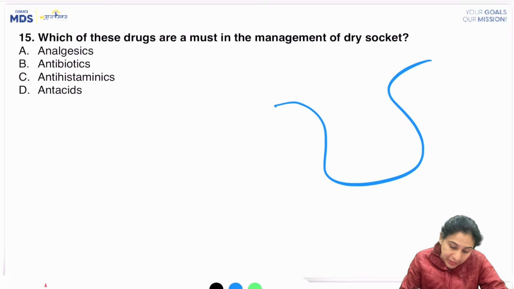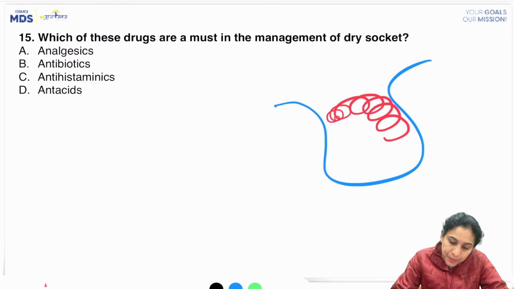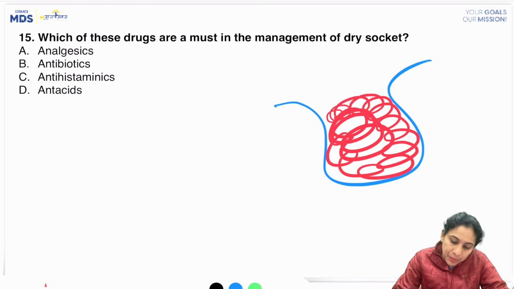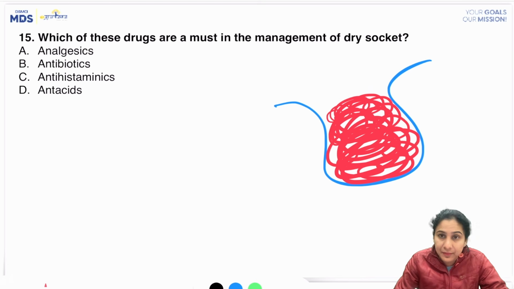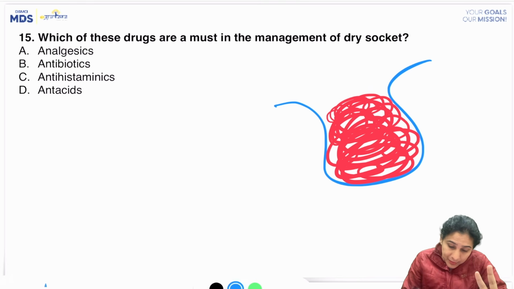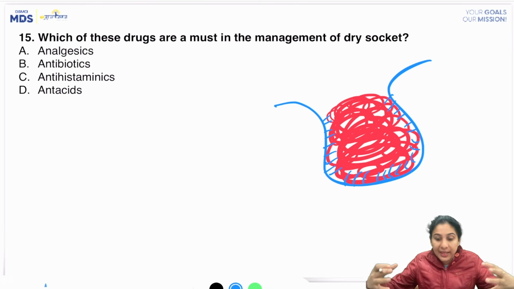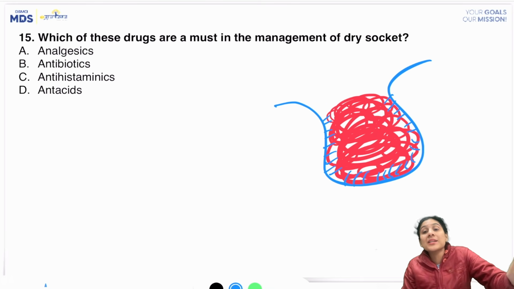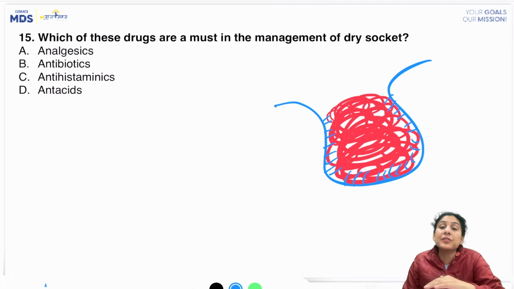Ideally, it should be covered with blood. When it is covered with blood, two things happen. First thing is these bone nerve endings. Bone is covered with periosteum, and periosteum is very, very tender. So these nerve fibers in the bone are mechanically covered with a blood clot.